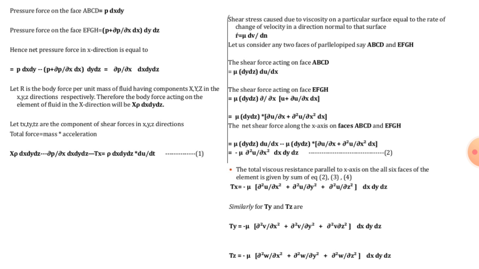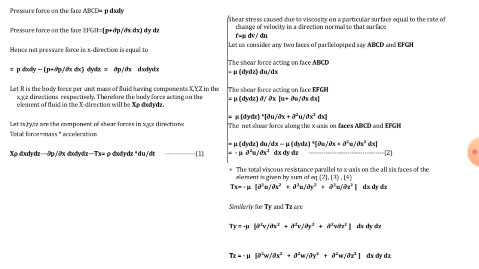The total viscous resistance parallel to the x-axis on all 6 faces of the element is given by the sum of equations 2, 3, 4. So Tx is equal to −μ (∂²u/∂x² + ∂²u/∂y² + ∂²u/∂z²) dx dy dz.